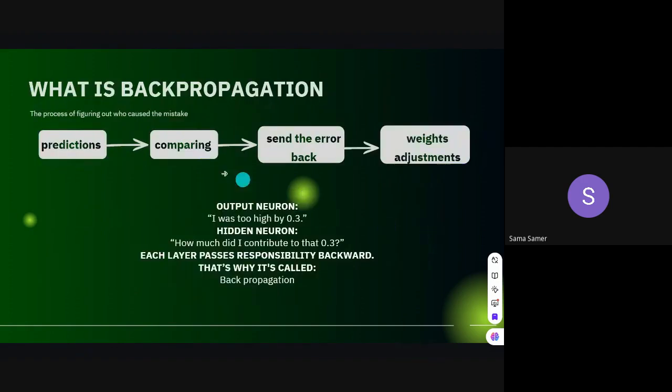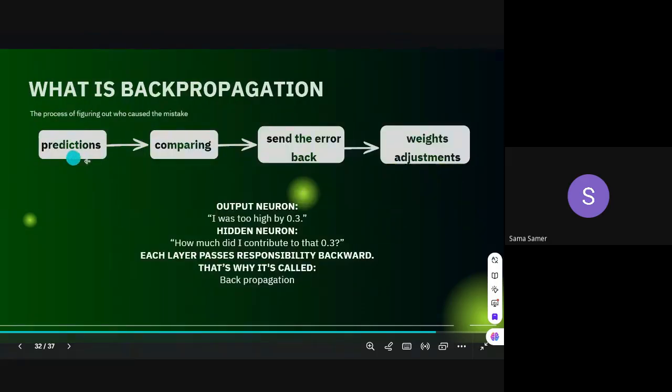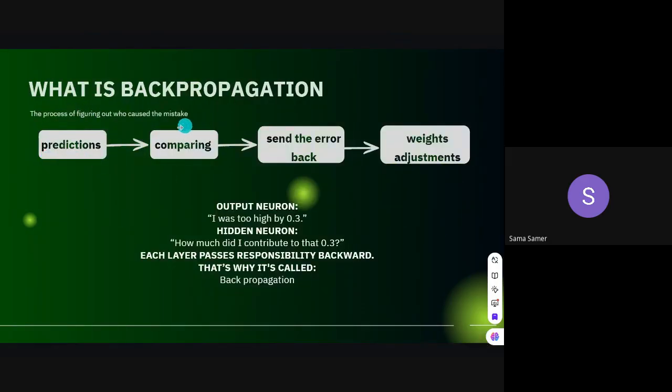Then we have backward propagation. What happens in backward propagation? After the output comes, it is a prediction. So we take the prediction and compare it with the original output, or the desired output, or the answer that we have. And it says that there is a difference between the desired output and the predicted output of 0.5.